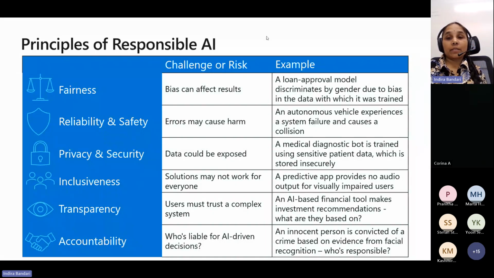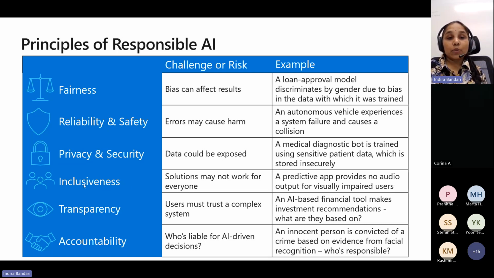An example quoted here is a medical diagnostic bot trained using sensitive patient data. Because patient data is sensitive, we need to have private and secure AI systems, so that the sensitive patient data is not exposed. That is the third principle of privacy and security. We will do some questions on this later on in the day.